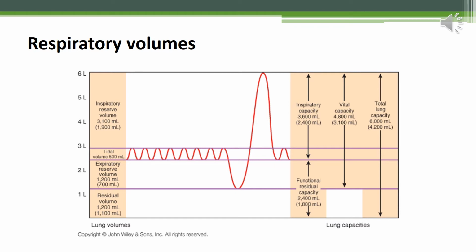So tidal volume is 500 milliliters, inspiratory reserve volume is 3,100 milliliters, expiratory reserve volume is 1,200 milliliters, residual volume is 1,200 milliliters, and the vital capacity is 480 milliliters. We'll not really focus on the rest of these except for maybe total lung capacity, which is about 6,000 milliliters, because I feel that those are enough respiratory volumes for you to learn about.